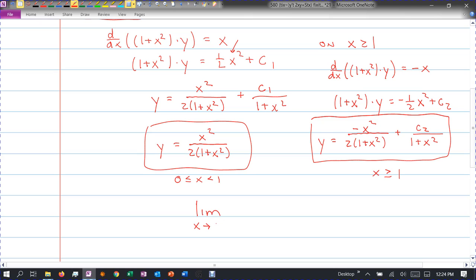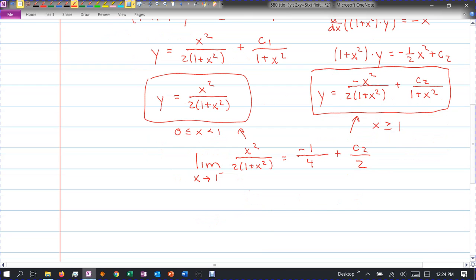So the limit as x approaches 1 from the left, because we're not defined at 1 on this one, of this x squared over 2 times (1 plus x squared) must equal this guy evaluated at 1, which would be negative 1 over 4 plus c sub 2 over 2. That's just plugging in 1 for x.